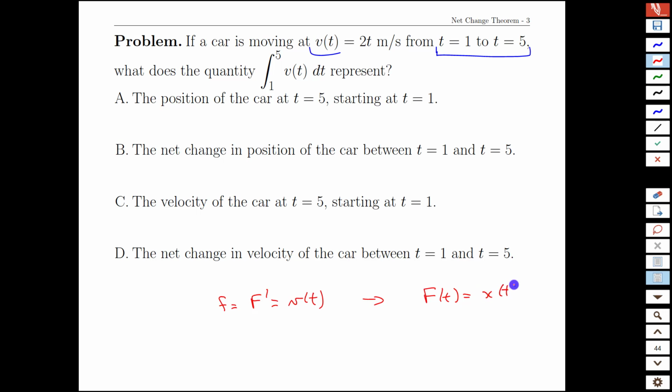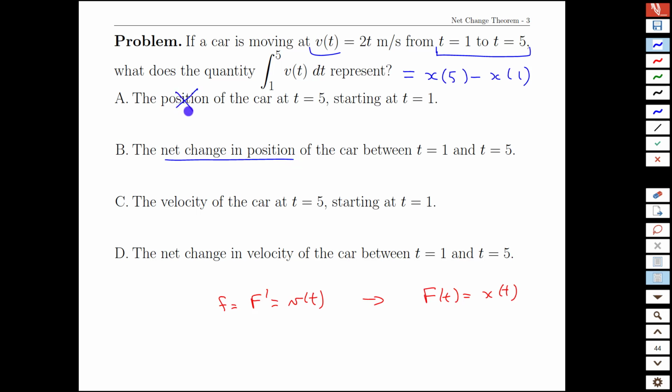We'll call that x of t. So right away, from our earlier analysis, we know that when we integrate velocity, we're going to get positions. Specifically, if we're doing an integral over a fixed time interval, we're going to get x of 5 minus x of 1. And that's going to be the net change in position of the car between t equals 1 and t equals 5.